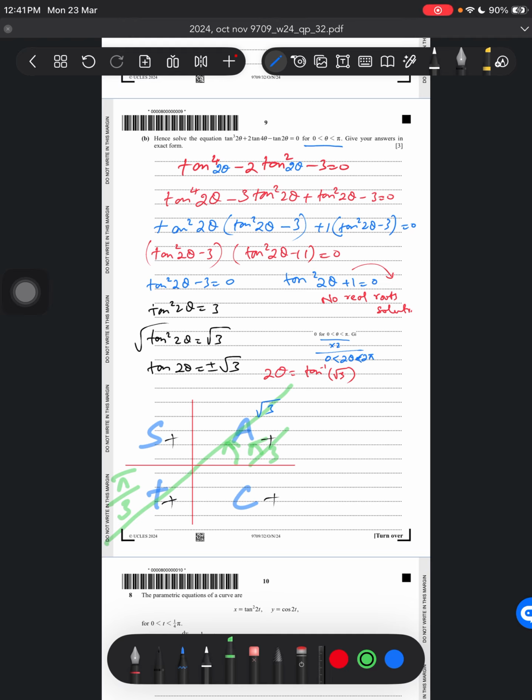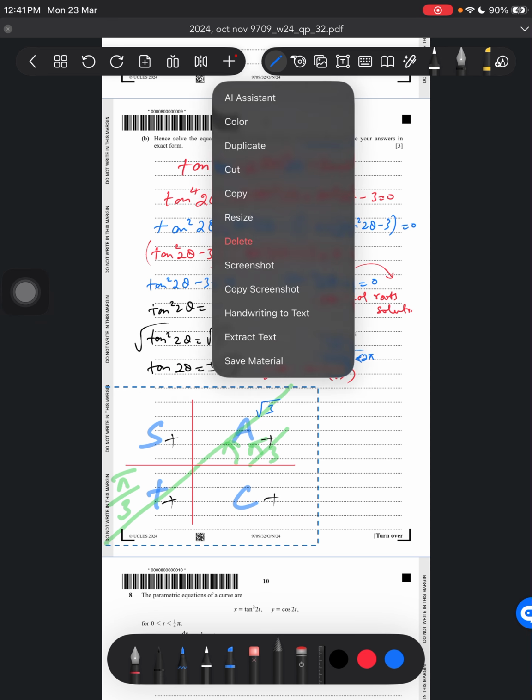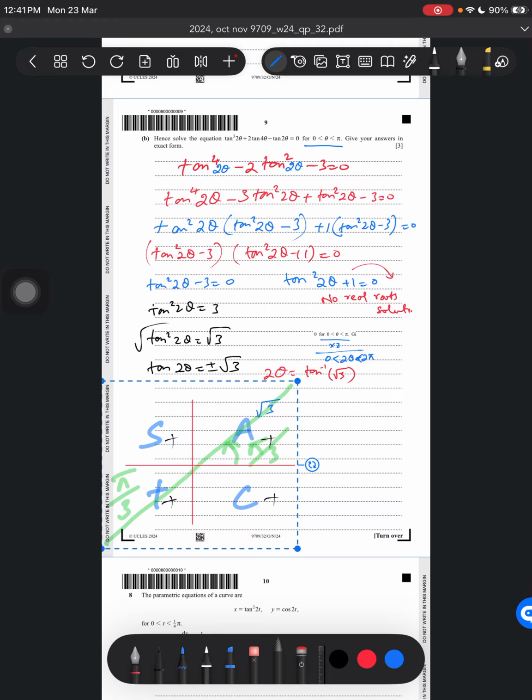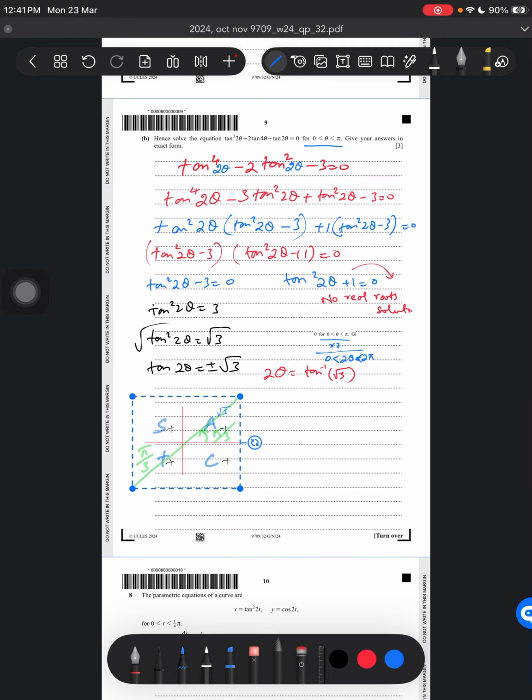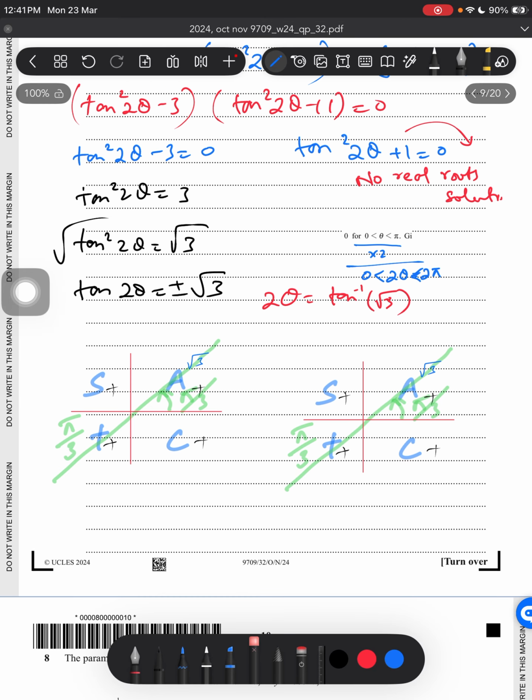In a similar way, tan would be negative in the second and fourth quadrant, so we can make another quadrant diagram here.